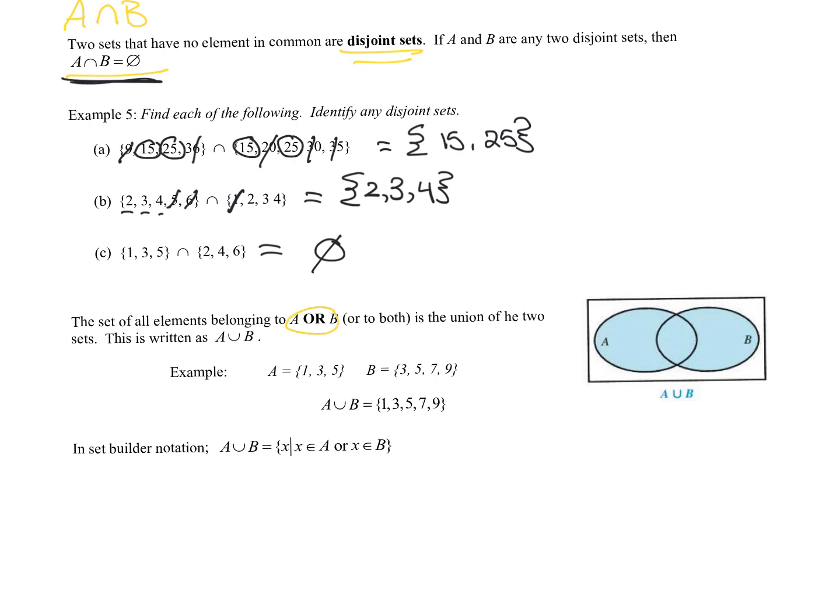It means or, and we write it as a U, which is how I remember union. So it means this one or that one, or maybe in both, but it's just the two together. We can write that as A union B, which means A or B, x such that x is an element of A or an element of B.